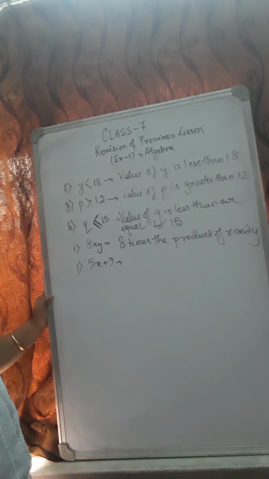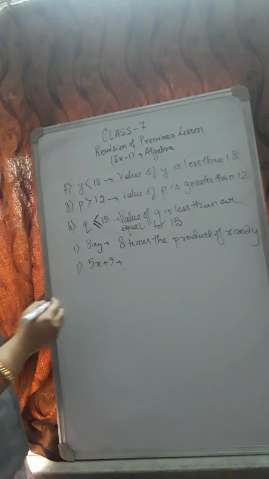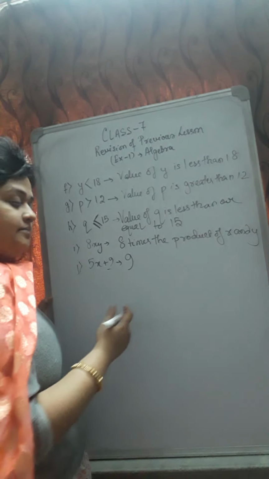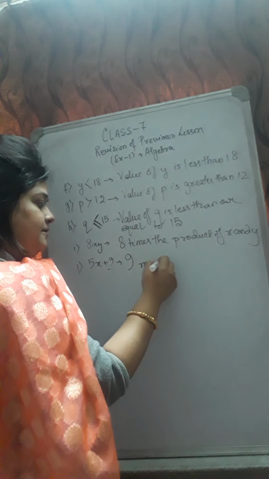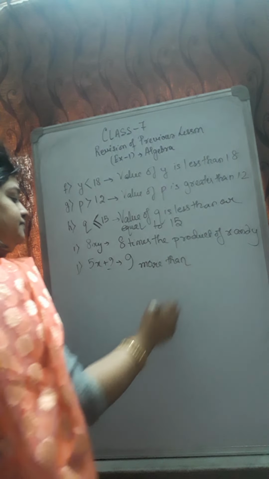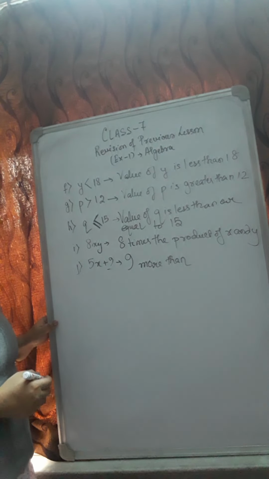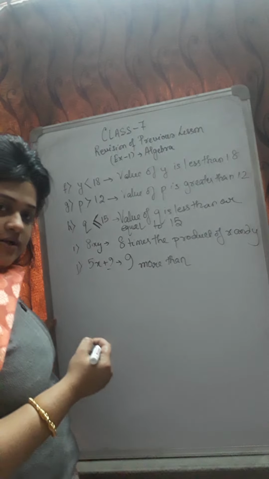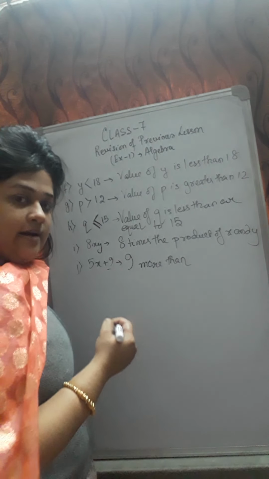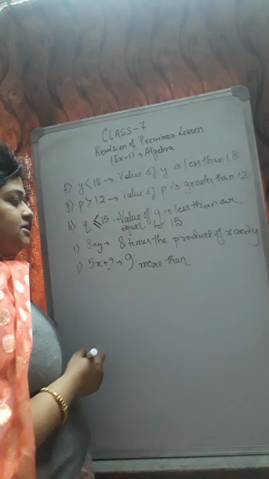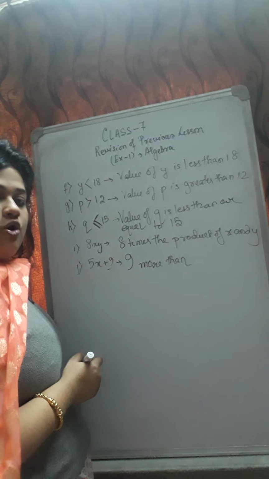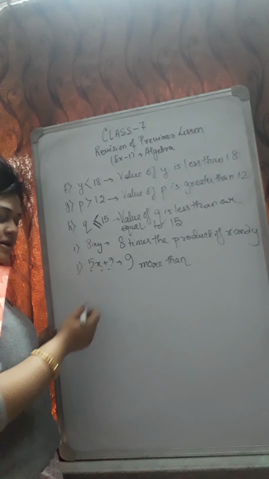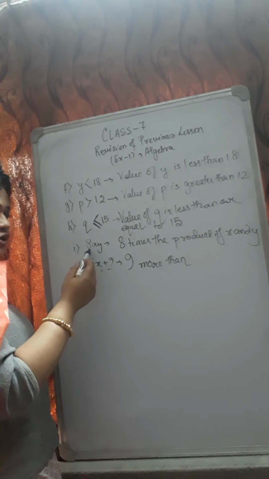J, 5x plus 9. So 9 is added. So first in what form you have to write it: 9 more than. More than what? 5x. You can directly write 5x, but when you have to write in words, it's better if you can break it and write. 5x means the product of 5 and x, or you can also write, when a number is multiplied to a letter, as I said just now, you will write times.